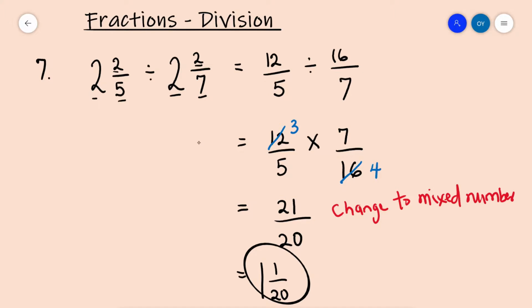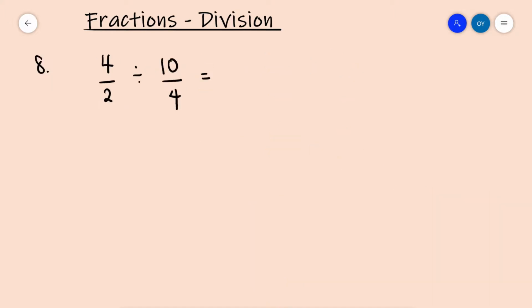Example 8, 4 over 2 divides 10 over 4. We have 4 over 2 multiplied by 4 over 10. We simplify. 2 divides 2, 1. 4 divides 2, 2. 2 divides 2, 1. 10 divides 2, 5.